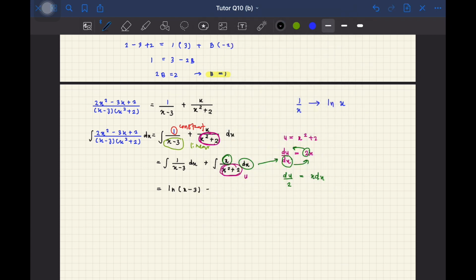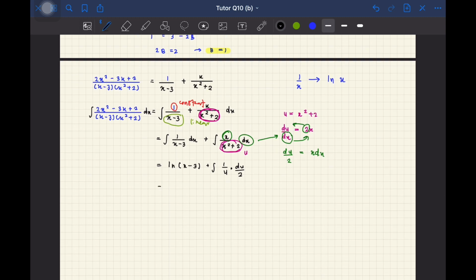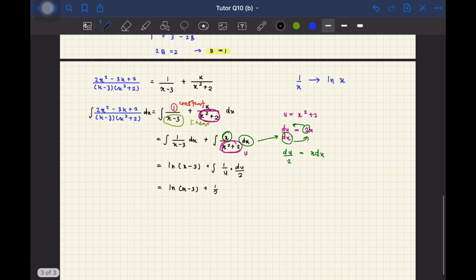Okay, so now let's substitute everything back. So I have plus integral sign. So the pink one has become 1 over u. Okay, and then the green one, the x dx has become du over 2. And the process in between is multiply. Okay, so let's just copy it back. The front one is ln of x minus 3 plus with, I have 1 over 2 as my constant, so I am going to put it in front.